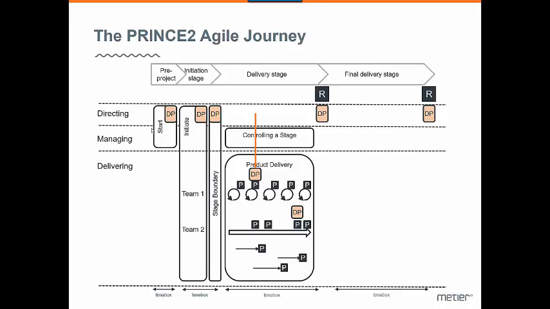Now, at the end of the delivery stage, you want to plan the next one, and you also want to finish this one up. Make sure you release whatever you've done, and that's what you're using managing stage boundary for. So the way this looks for the Scrum team here, they're doing their 2-week sprints. Actually, the last sprint is the stage boundary sprint.